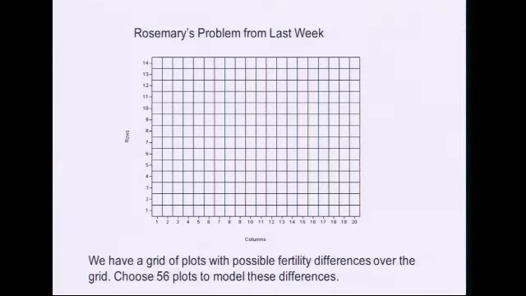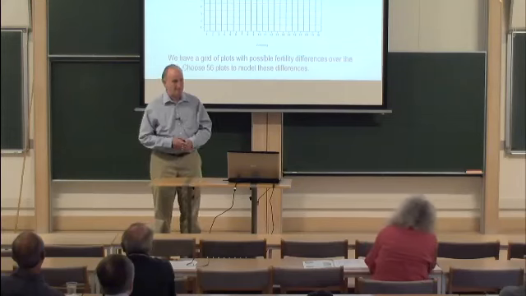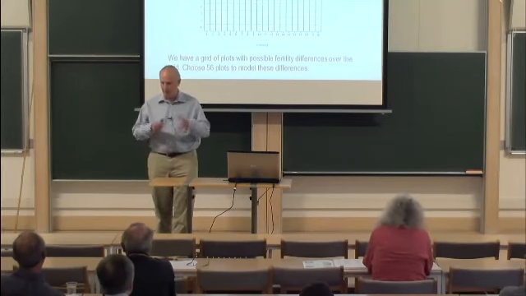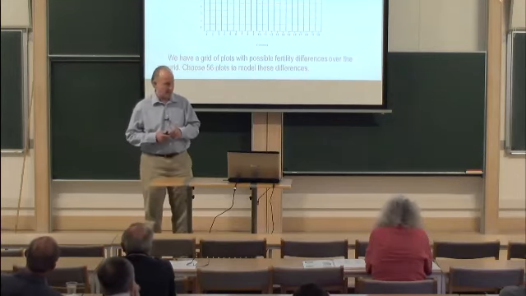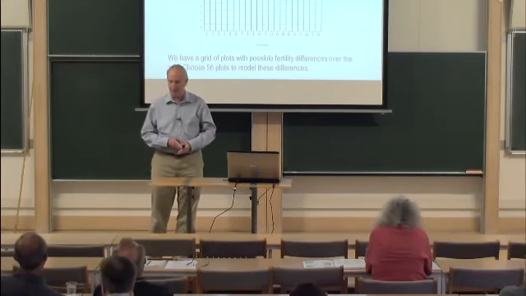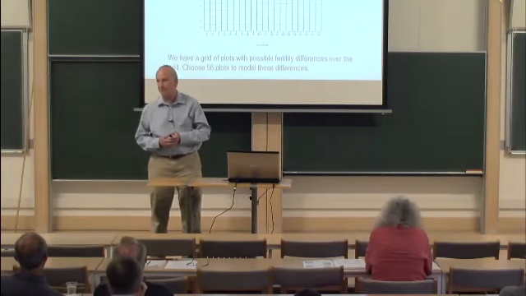Rosemary gave a really interesting talk at the end of the week last week. If you weren't here, then I'm going to talk a little bit about her problem, which was, suppose you have plots of land in a grid, and so there's rows and there's columns, and you're going to plant these rows and columns with various varieties of seeds.